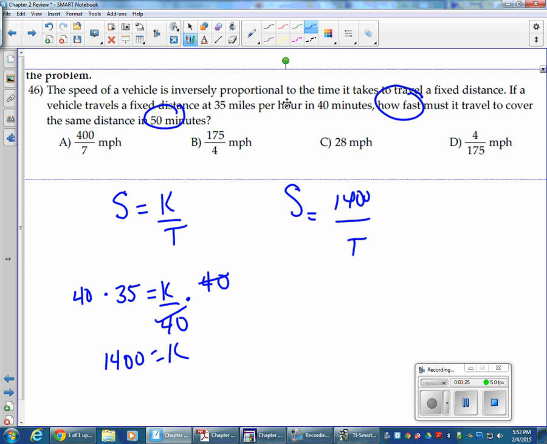Obviously, if they did it in 40 minutes and now they're going to do it in 50 minutes, you would expect their speed to be slower. So be careful. If you get a faster speed, there's something wrong. You've got to slow down for it to take you longer. So the speed will be 1400 divided by 50 minutes. 1400 divided by 50 is 28. So 28 miles per hour.